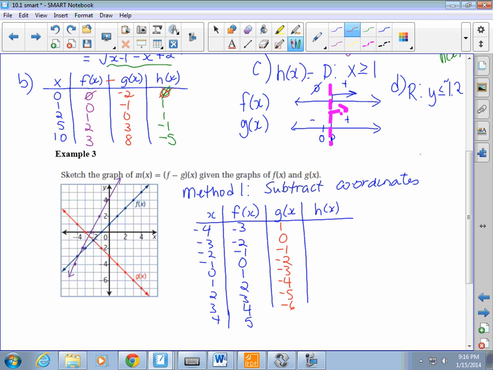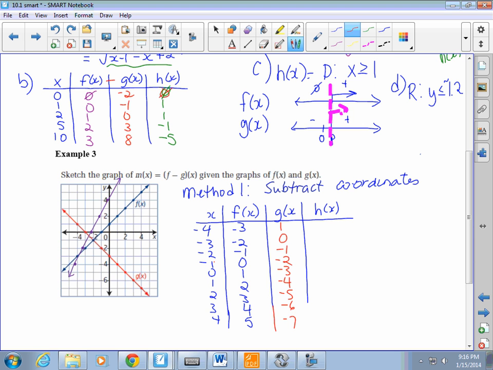Oops, did I line those up wrong? My eyes are going screwy. -4, 1, -3, 0, -2, -1, -1, -2, 0, and -3, 1 and -4, 2 and -5, 3 and -6, there we go, and 4 and -7.